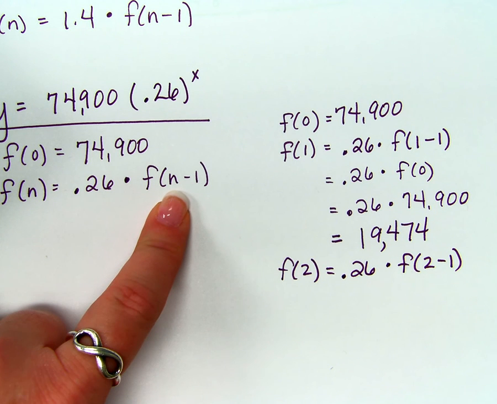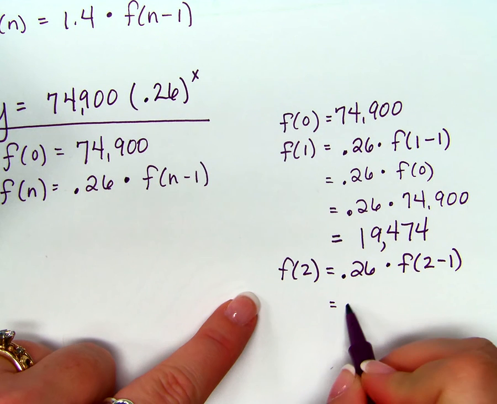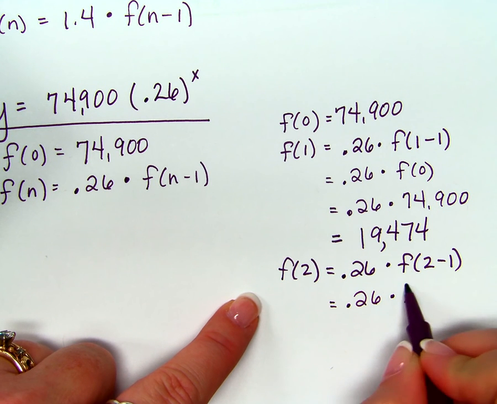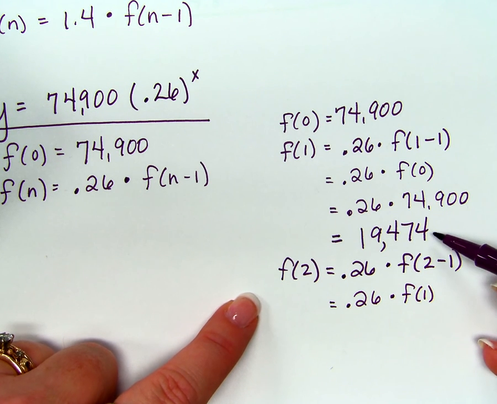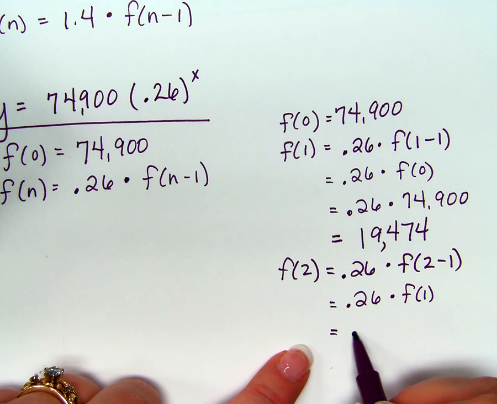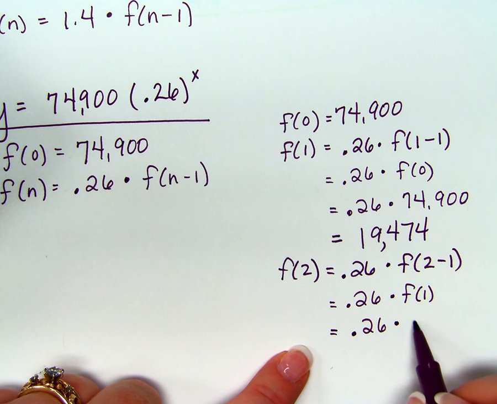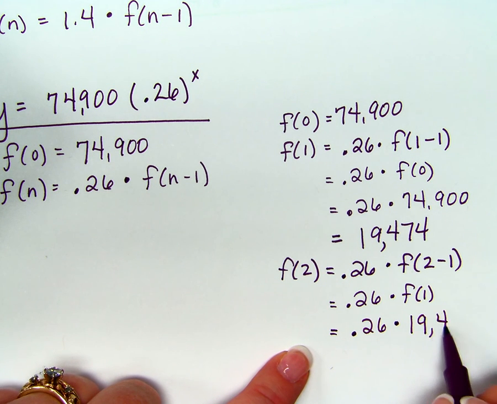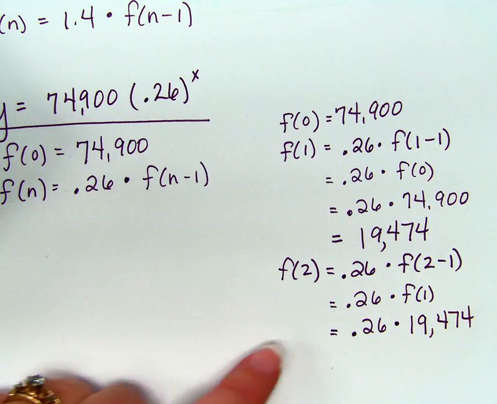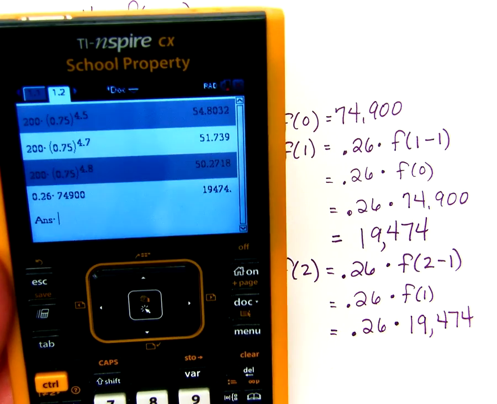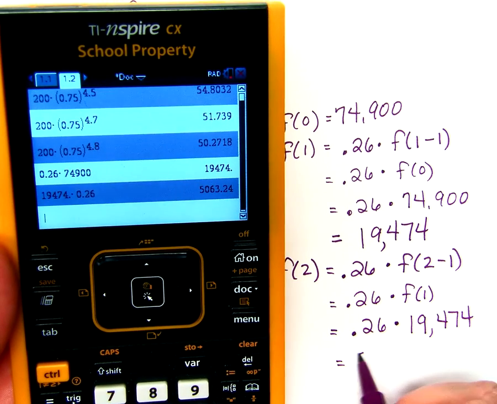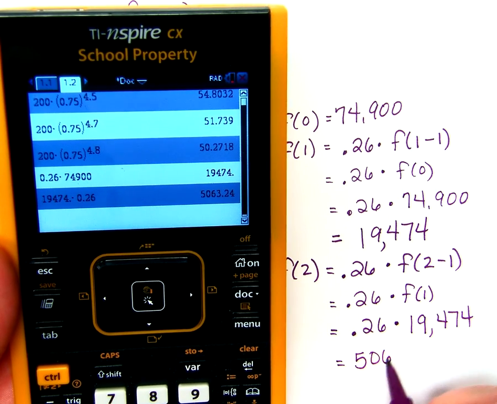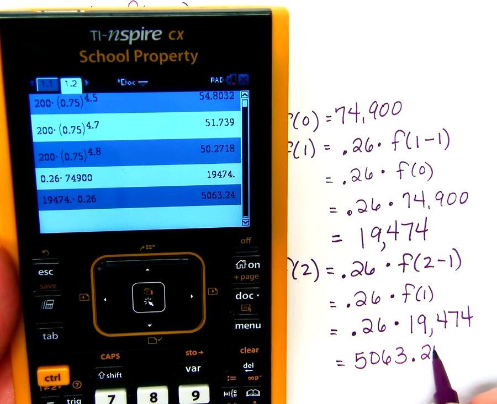Oh, good. 2 minus 1 is 1. Excellent. So we have 0.26 times f of 1, except we just found f of 1, didn't we? 0.26 times 19,474. And again, while we don't know that off the top of our head, that's something we could easily calculate. 5,063.24.